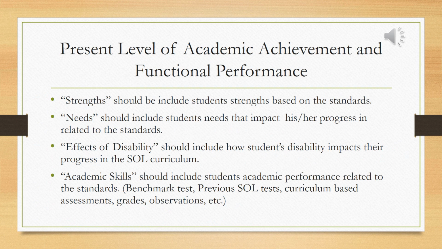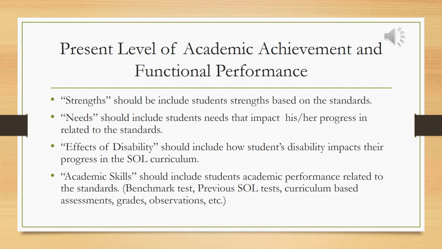We should carefully consider the standards in each part of the IEP. For example, in the present level of academic achievement and functional performance, when we are discussing strengths, we should include the student's strengths based on their grade level standards. When we're discussing needs, we should indicate how the student's needs impact their progress in the standards.